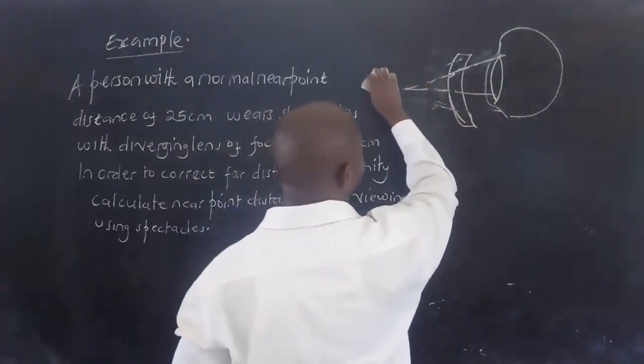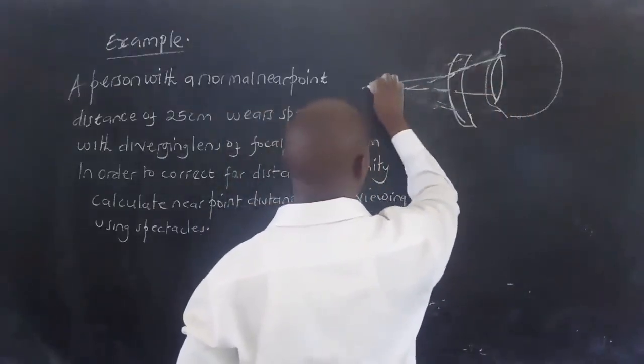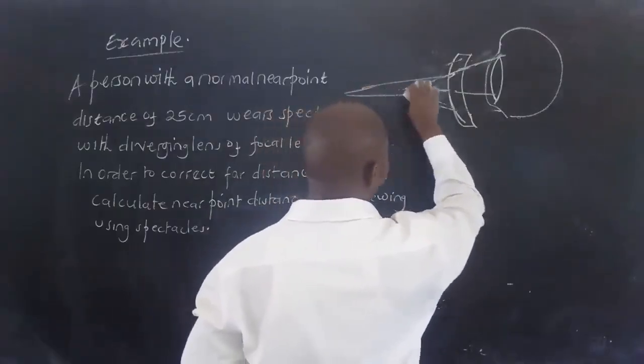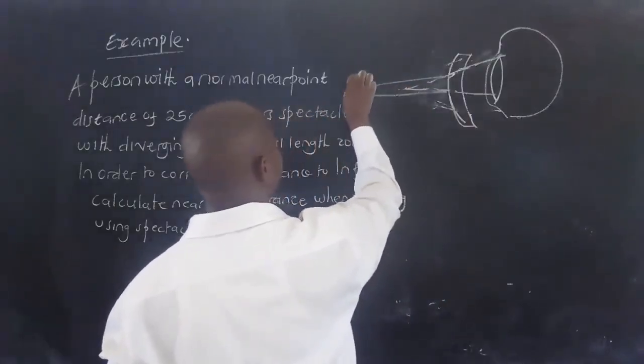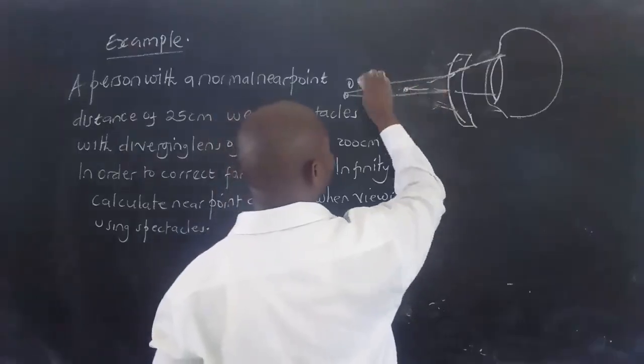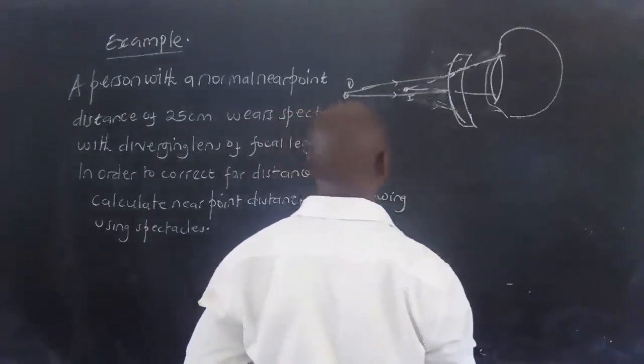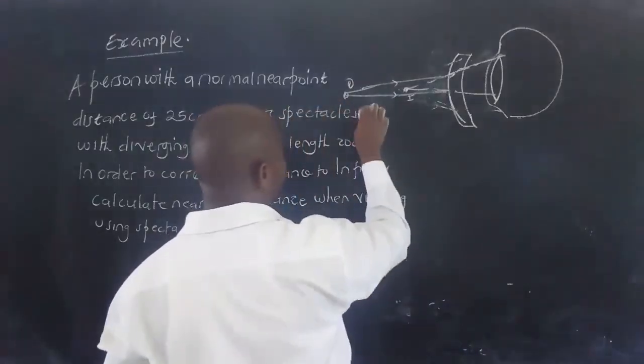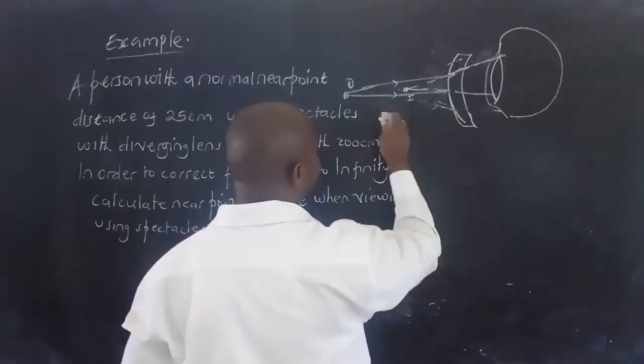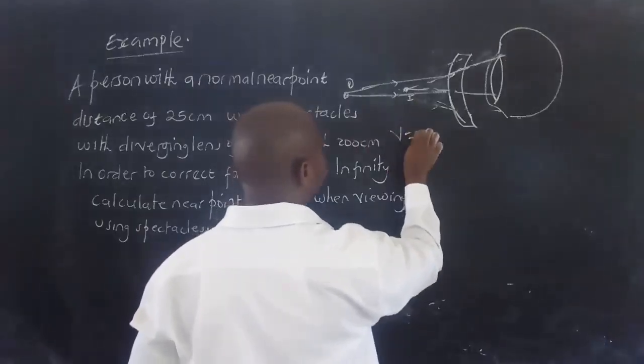But the rays were coming from somewhere here. This is object O, and this object appears to be at I. So that means that if the object appears to be at I, our V will be negative 25.